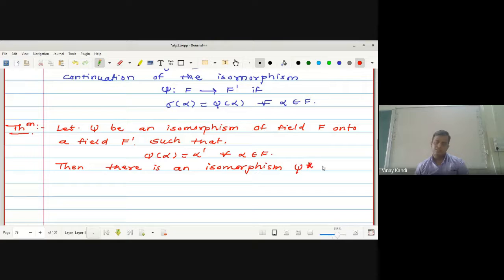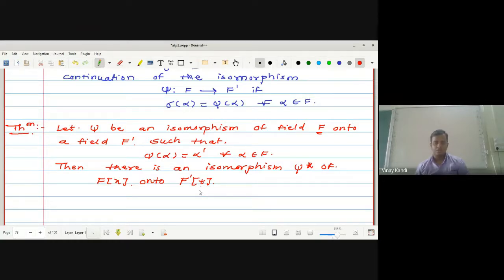psi star of F[x], the ring of polynomials over the field F, onto F dash[t]. Suppose the variable here is t, so all the polynomials are in t.